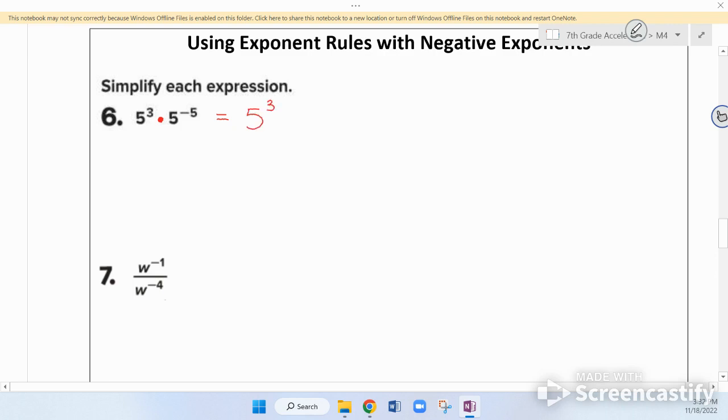So that's 3 plus negative 5, which would give us 5 to the negative 2, because 3 plus negative 5 is negative 2. And we could rewrite it as 1 over 5 to the second, or 1/25th.